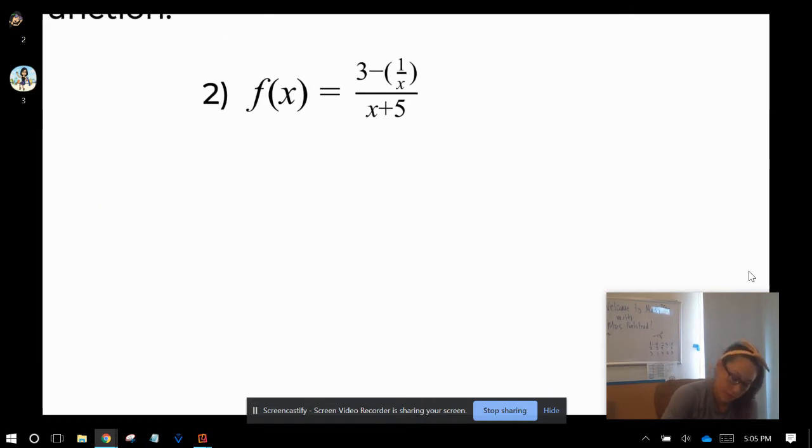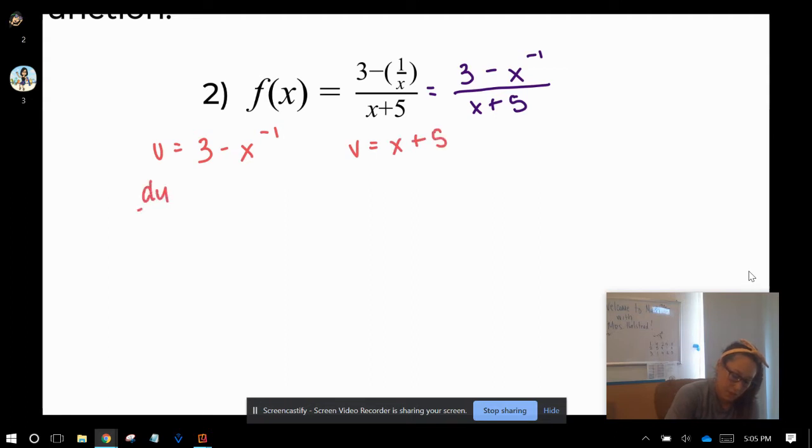The next one, I'm definitely going to rewrite this as 3 minus x to the negative 1 power all over x plus 5. My high is 3 minus x to the negative 1, and my low is x plus 5.